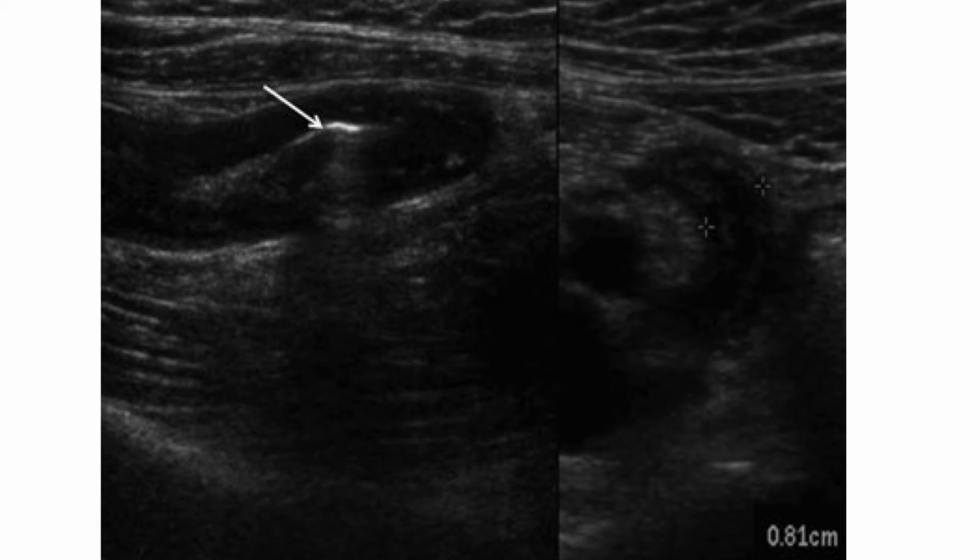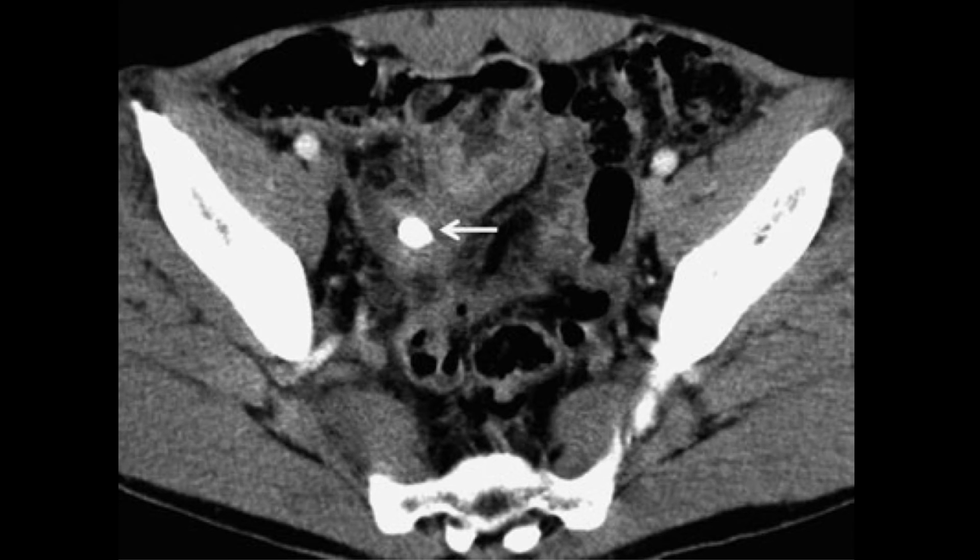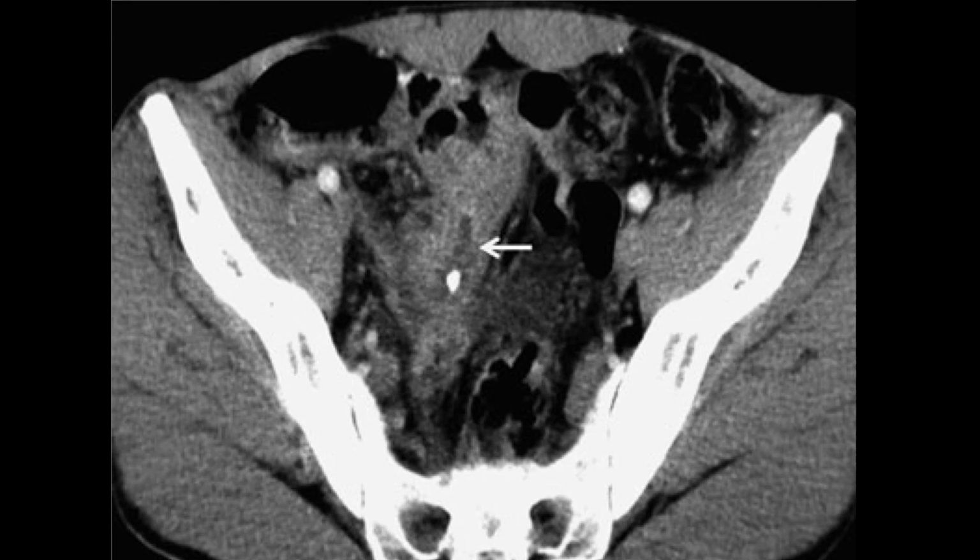But if we would have done a CT, what are the findings that we might have seen? Let's see that. So this is a CT that we are seeing. We can again see a hyperdense structure here, which is nothing but an appendicolith. Also we can see that the appendix is dilated and the wall is hyper enhancing.